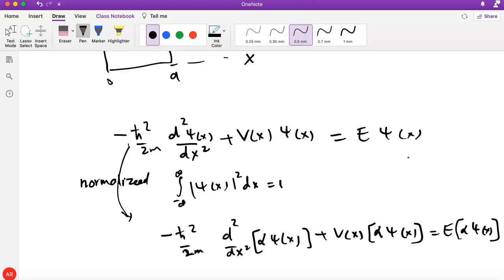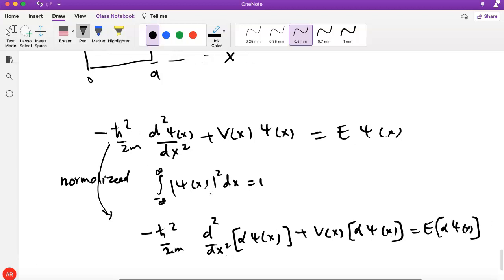I just took that equation and multiplied both sides by alpha. And you see, if psi of x is a solution, alpha psi of x is also a solution, right? So in order to fix the coefficient in front, we want to find a normalized wave function so that this can be interpreted as a probability.